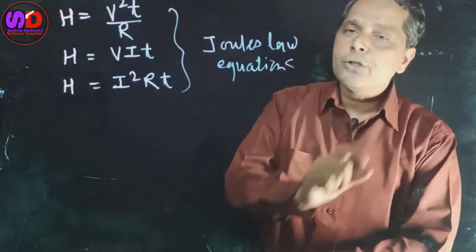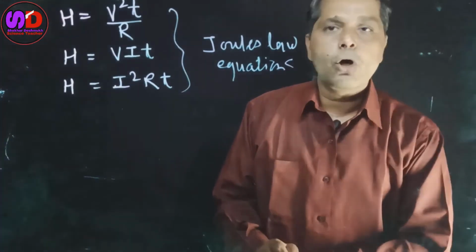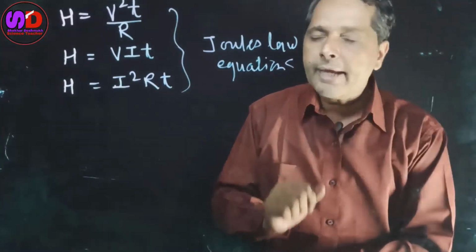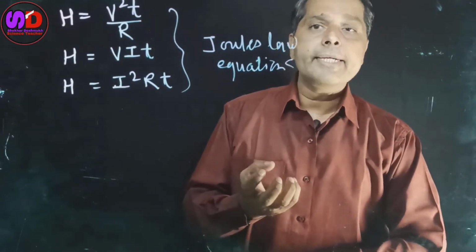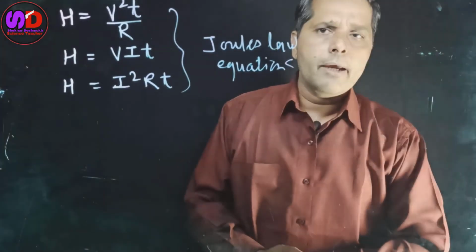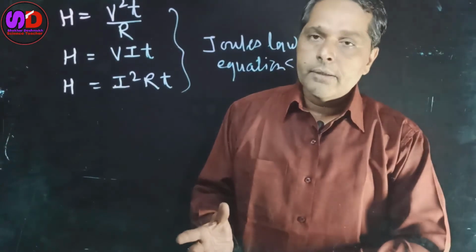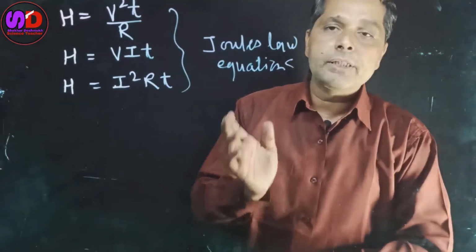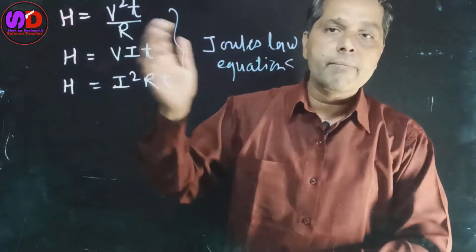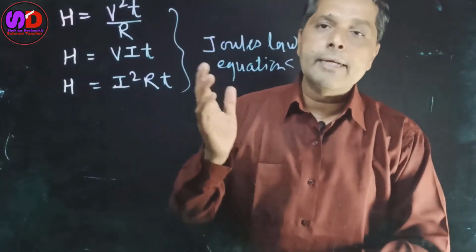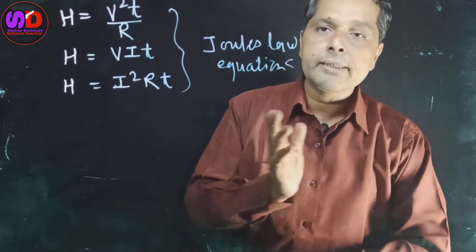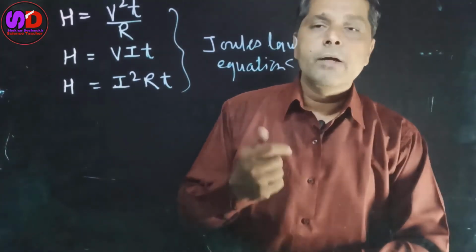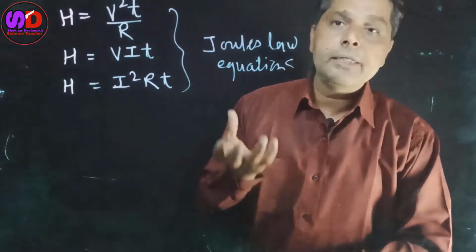The coil which is used there has high resistivity, and due to its high resistivity, that coil gets heated, and the heat which is given out or generated, we can calculate by this formula. So the heating effect of electric current is applicable in a water heater or room heater, anywhere where heat is generated.